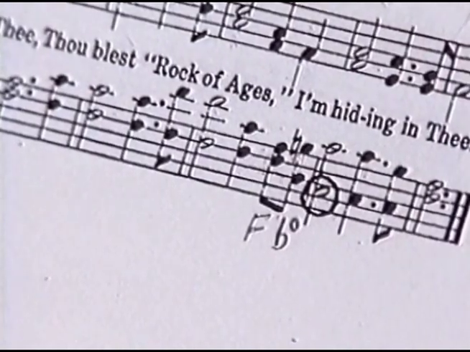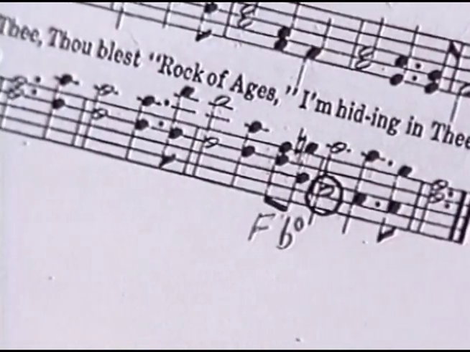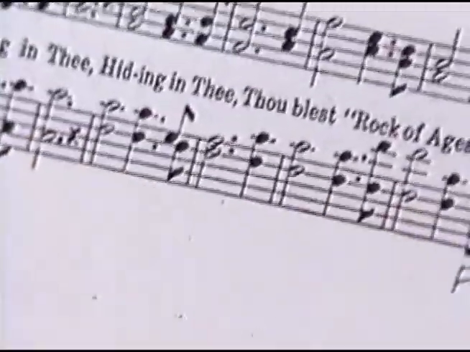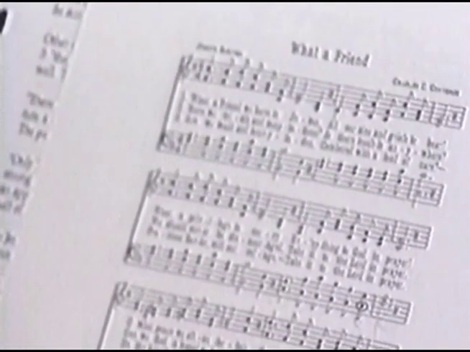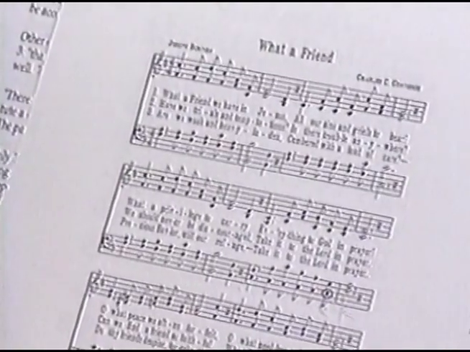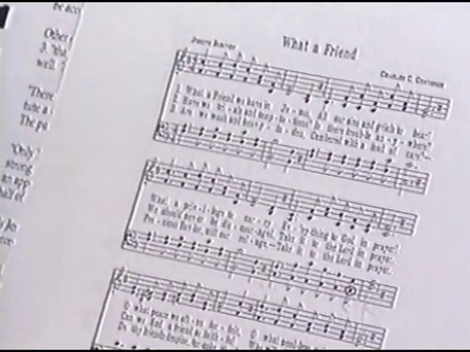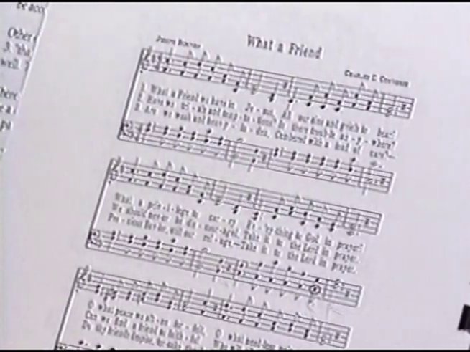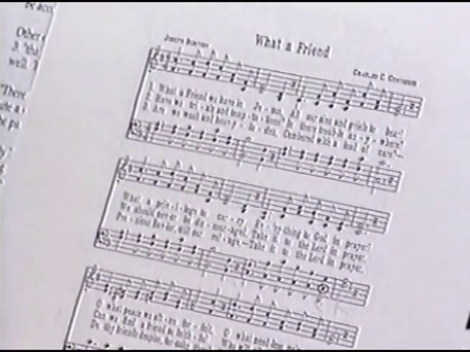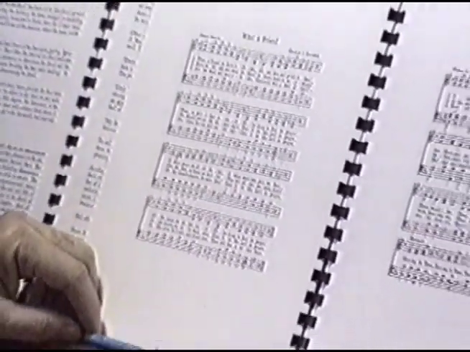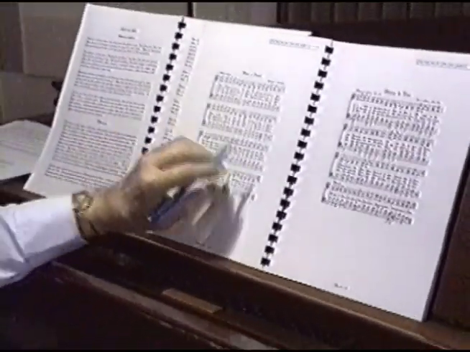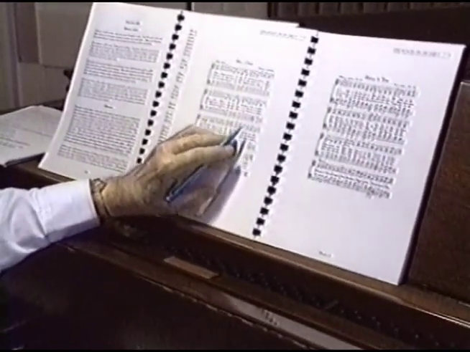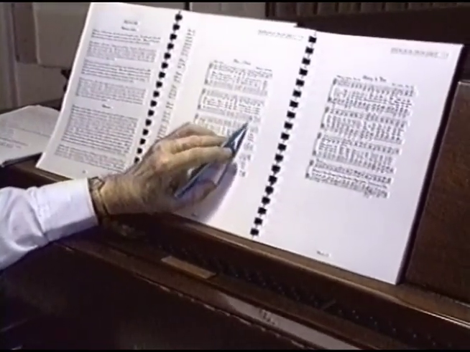One other feature we should consider here, which leads us back to the hymn just before, What a Friend. Certain chord successions are needed to give expression to music. We call them cadences. A cadence in music is what dropping our voice is at a comma or a period or even a paragraph.